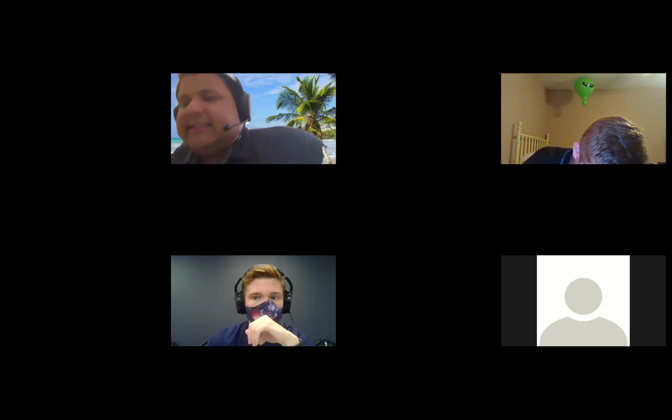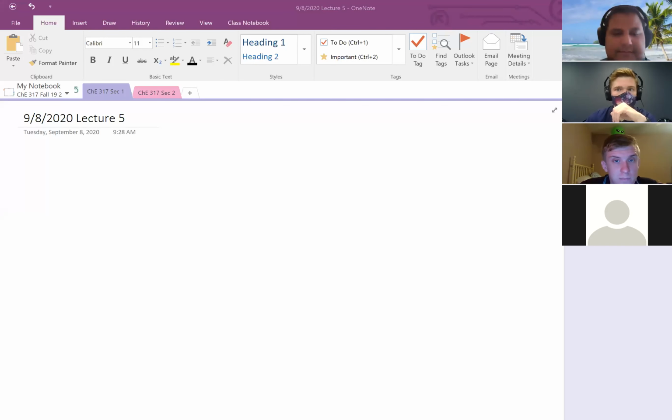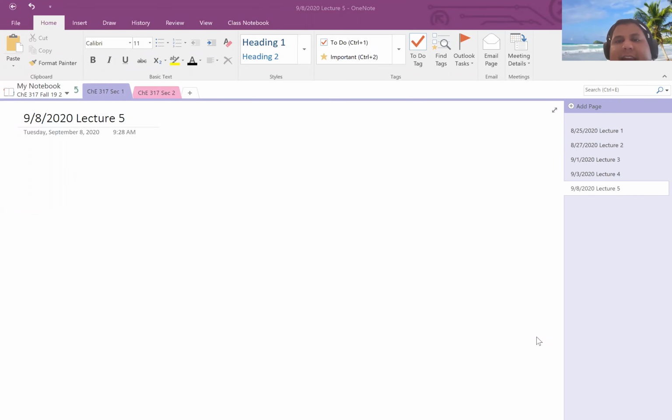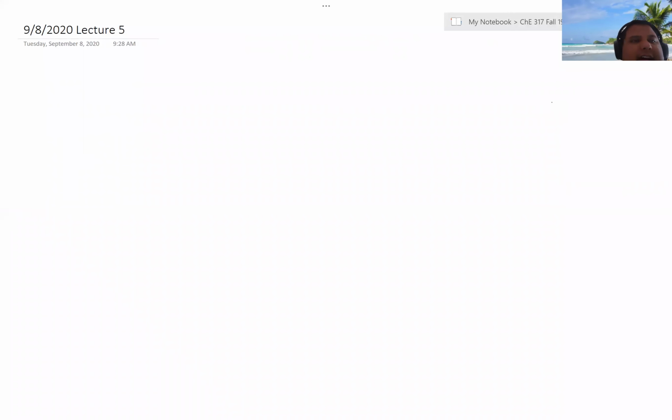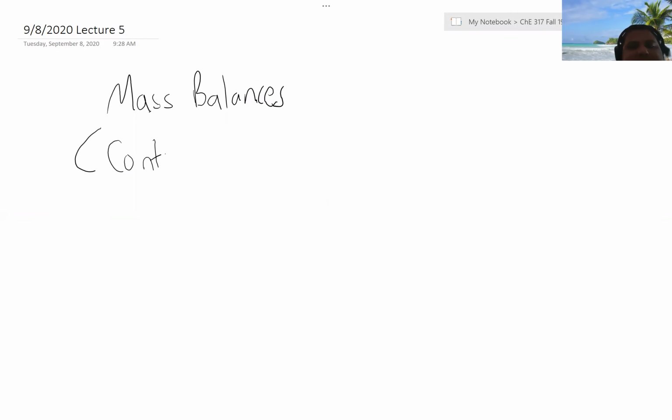So with that in mind, let's go ahead and jump in. We can recall from last week that we had derived key information in terms of the mass balances, which resulted in the continuity equation.